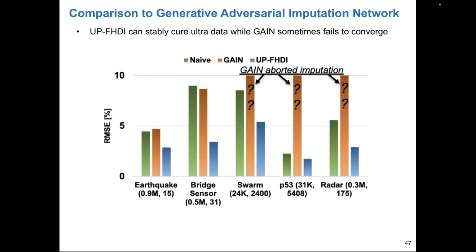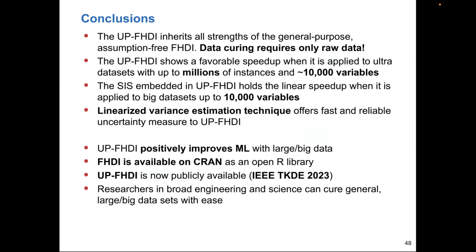We tested this, but for large data or the high dimensional case, GAIN using the default setting aborted. That means it cannot tackle big data imputation. But our method, UP-FHDI, can nicely and stably cure the data, and it helps the accuracy of the data curing.